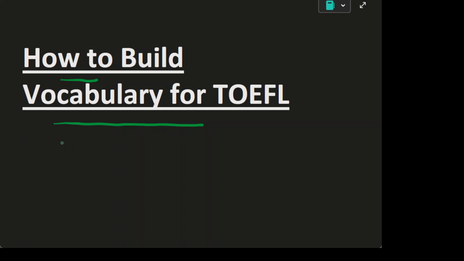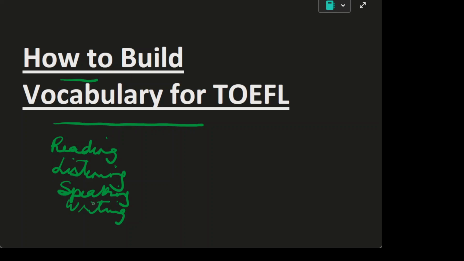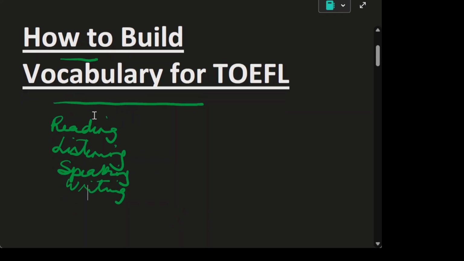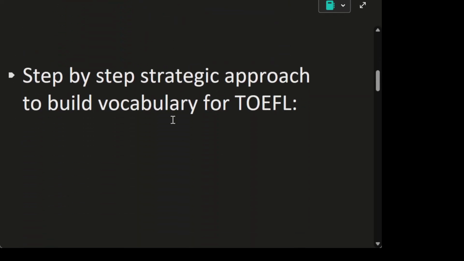Yes, particularly in all sections, be it reading, be it listening, speaking, or writing. So these are the 4 sections which are included in the TOEFL. So let us see a step-by-step strategic approach to build vocabulary for the TOEFL test.